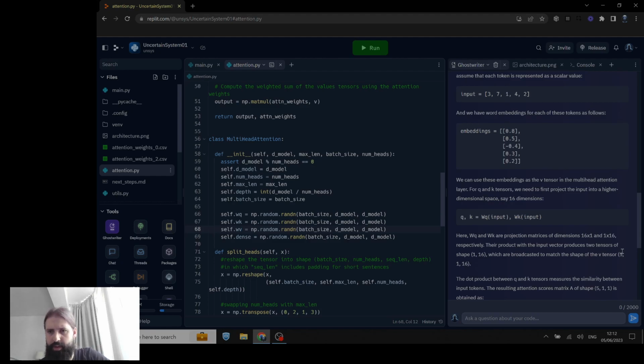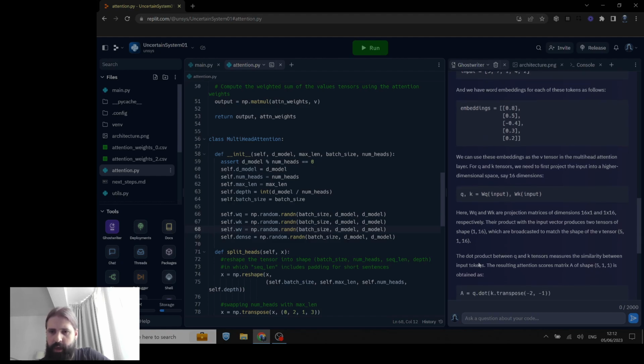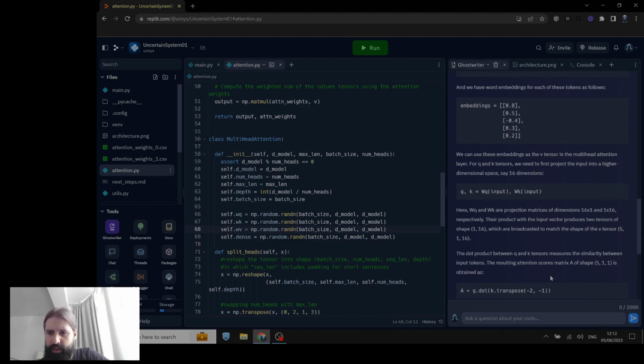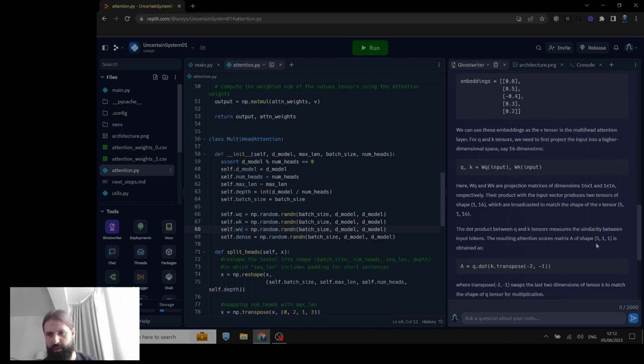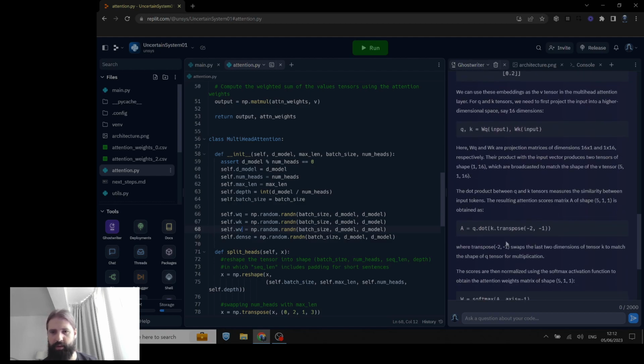The dot product between Q and K tensors measures the similarity between input tokens. Correct, we understand that.